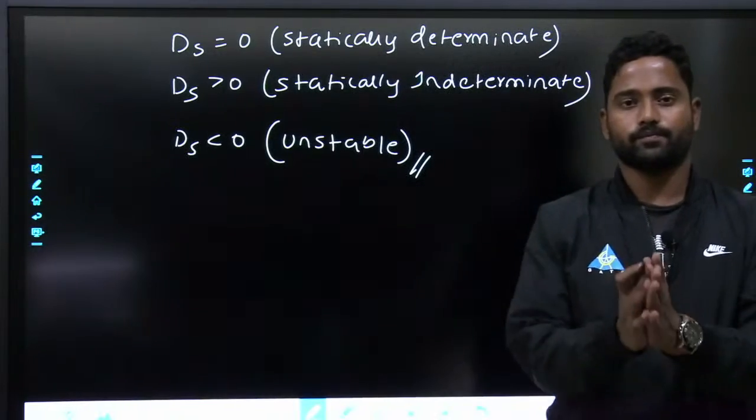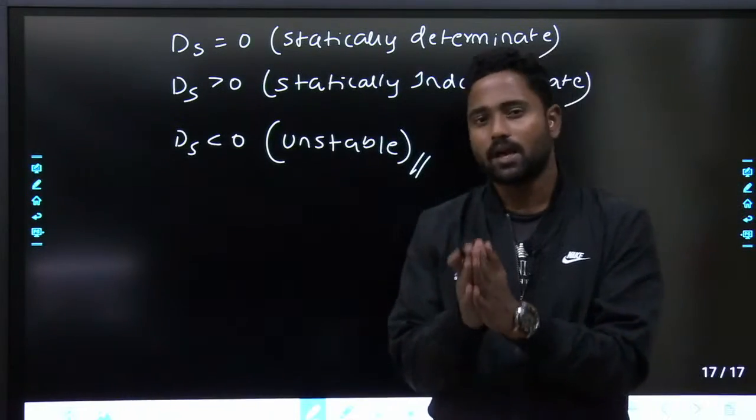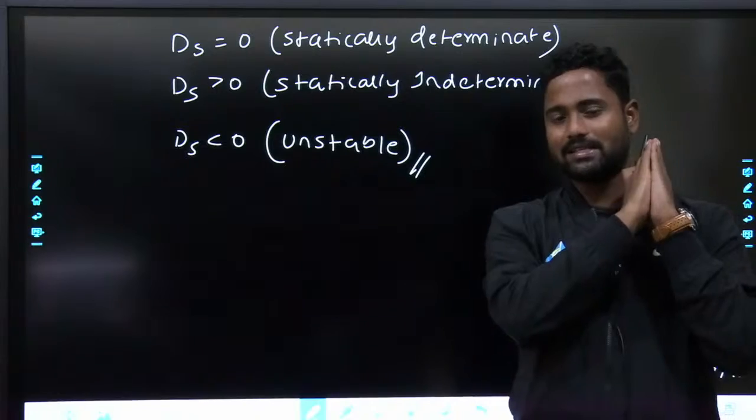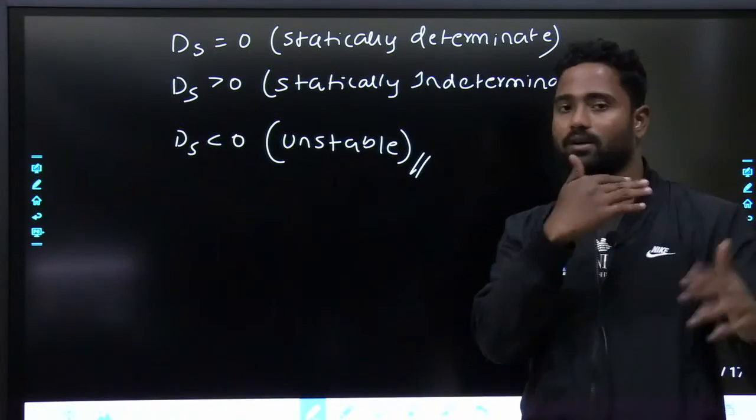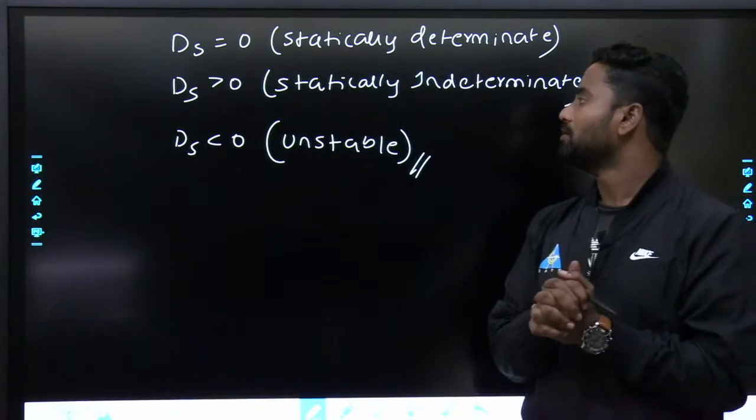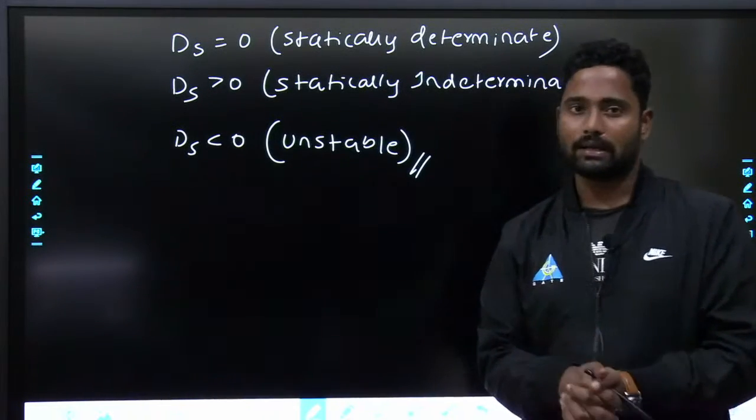Any doubts? So these are the basic things. I will discuss some more problems. We will see the concepts where you will be finding out variations, differences, but up to here, any doubts?